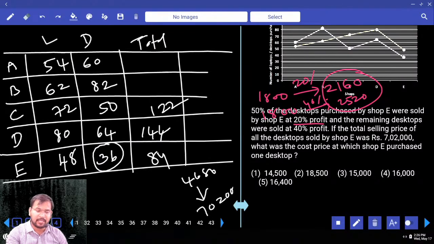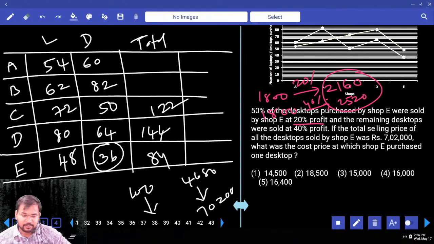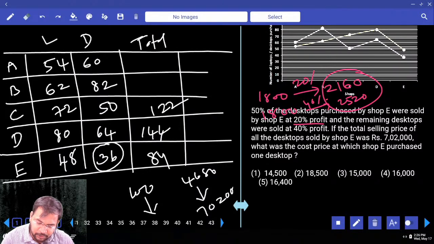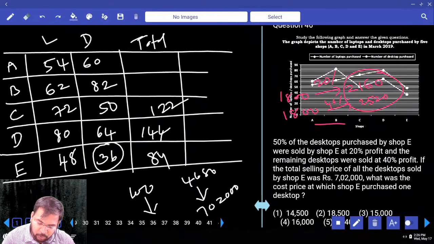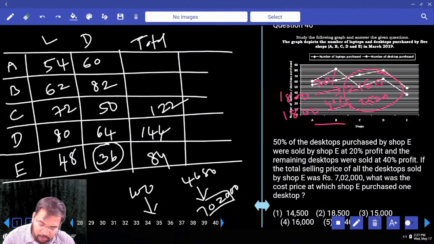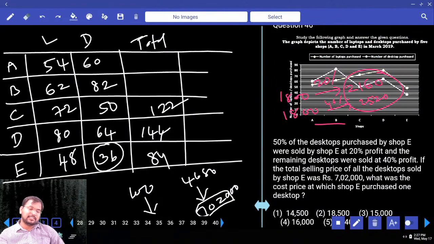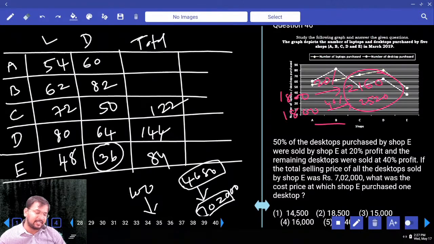But according to our problem, 702,000. But according to 100 it is how much? How many times? Forget about zeros. 7020 divided by 46,80.